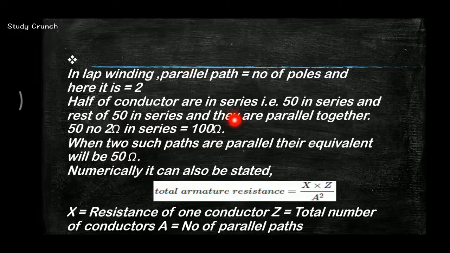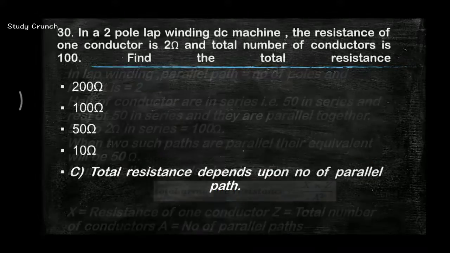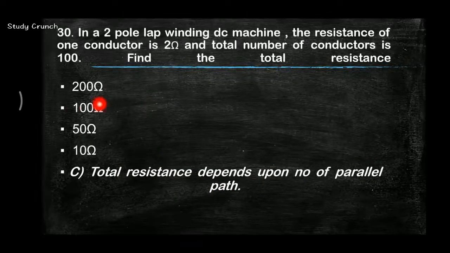Half of the conductors are in series, so 50 are in series and the rest 50 are in series, and they are in parallel together. So 50 resistors of 2 ohms in series is equal to 100 ohms. By the formula x into z by a square, when we calculate, the answer will be 50 ohms, that is C.